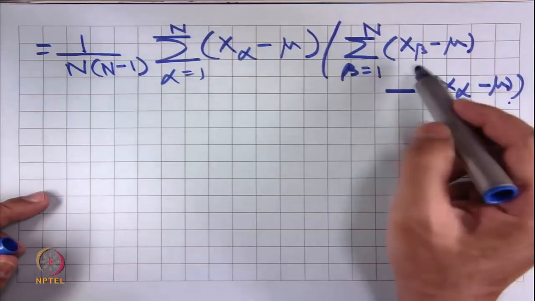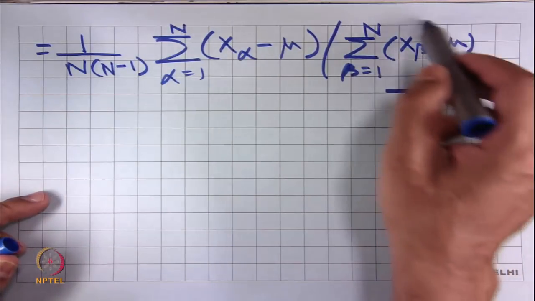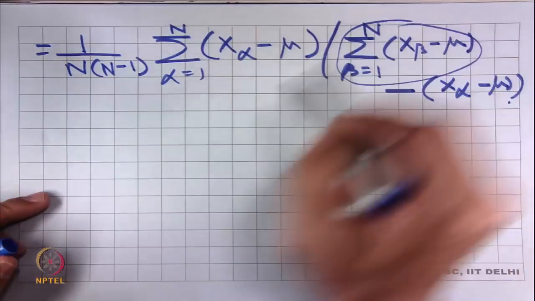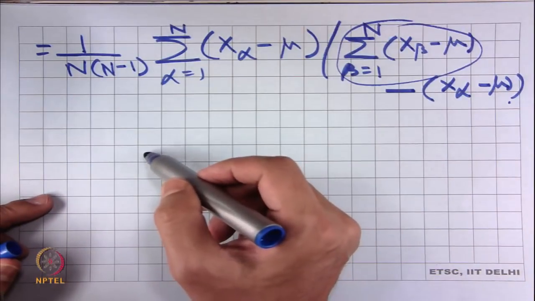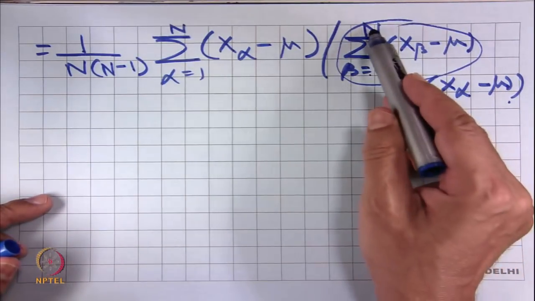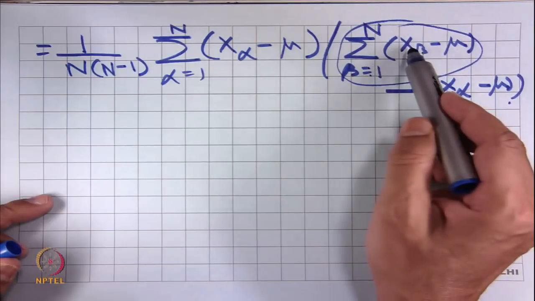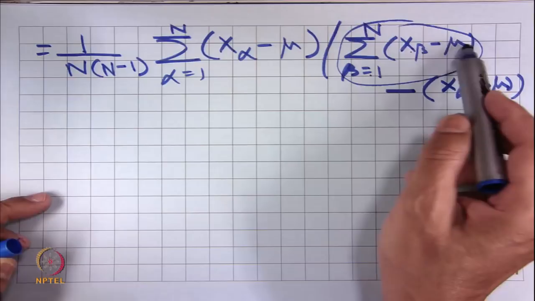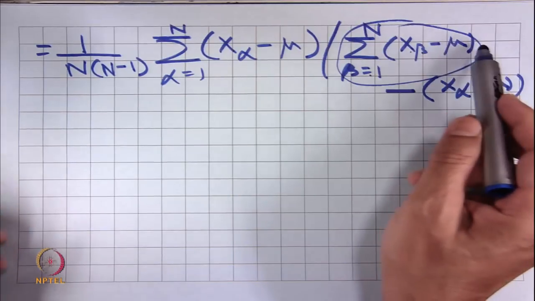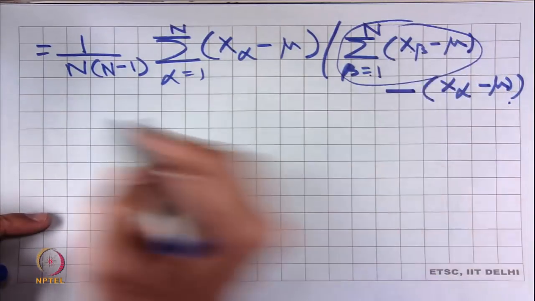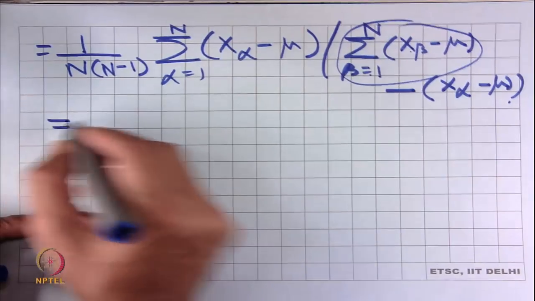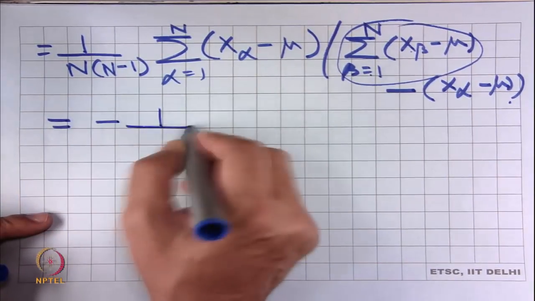The advantage thereby is that this term becomes 0, because I am summing over 1 to n all the elements of the population and subtracting n mu from there. Therefore, this is going to be 0. So, we are left with only this term.